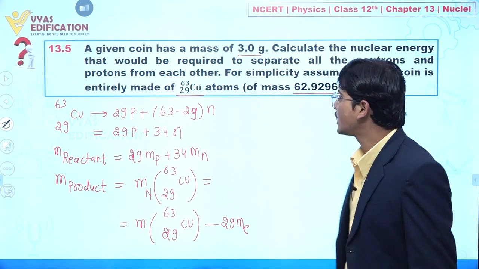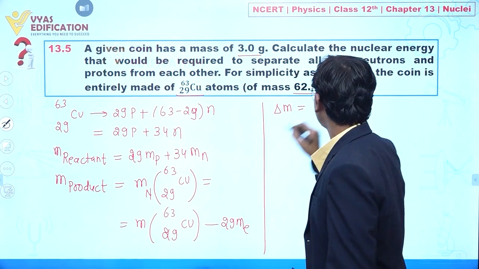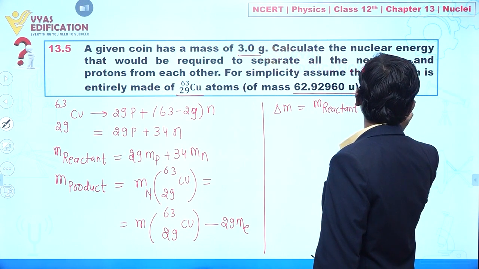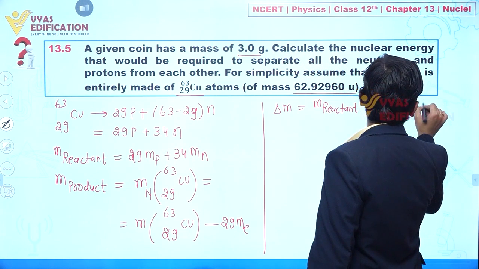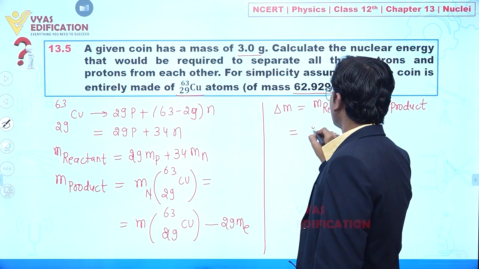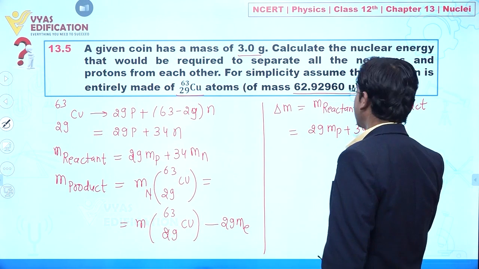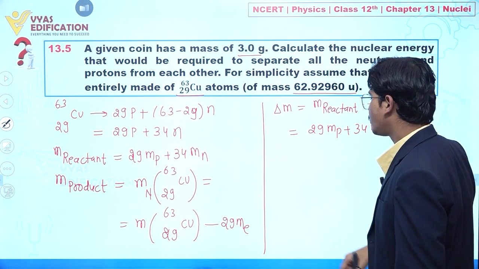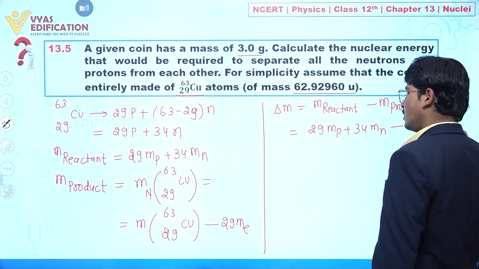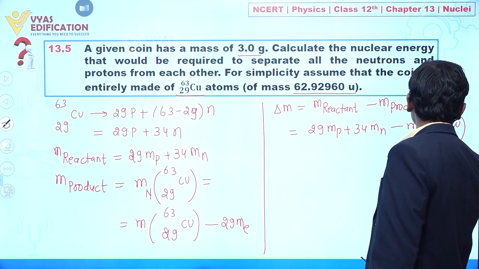So from that one you can get the mass defect. The mass defect delta M is equal to the mass of reactant minus the mass of product. The mass of reactant will be equal to 29 Mp plus 34 Mn minus, what about the mass of product? The mass of product is the mass of copper 63 plus 29 times the mass of electron.